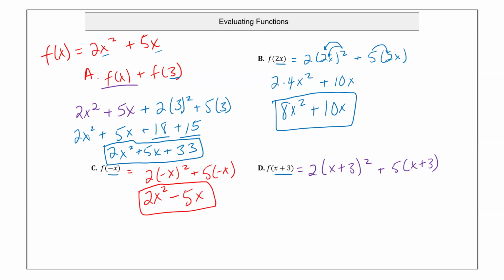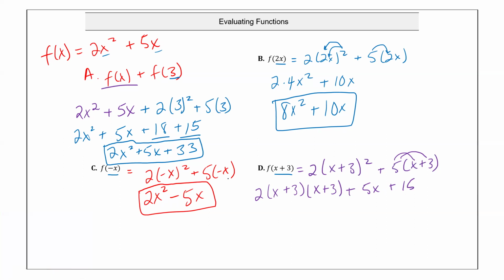You cannot distribute a power over addition and subtraction. You can't just go, oh, you get a square, you get a square. That doesn't work. That means that you have 2 times x plus 3 times x plus 3. Okay, and then you can distribute your 5, and we're left with plus 5x plus 15.